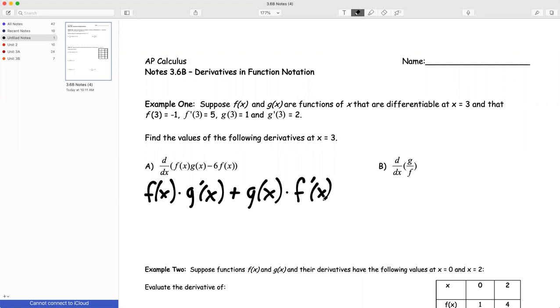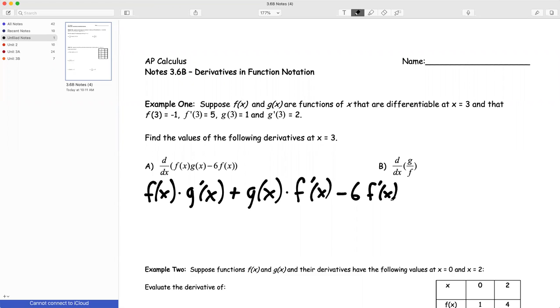And then on the second part here, I'm going to do the product rule again with -6 as my first term times the derivative of f of x, so times f prime of x. And then the second part of that would be 0 because the derivative of my constant there is 0.